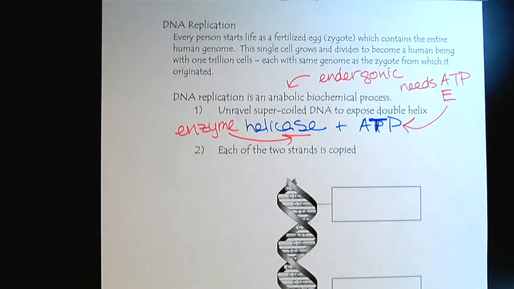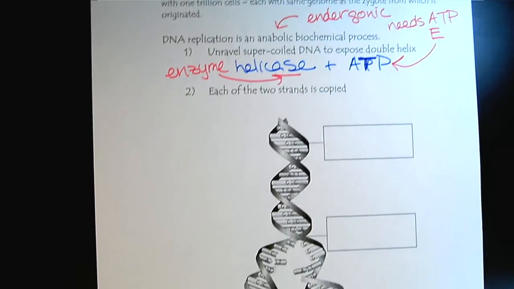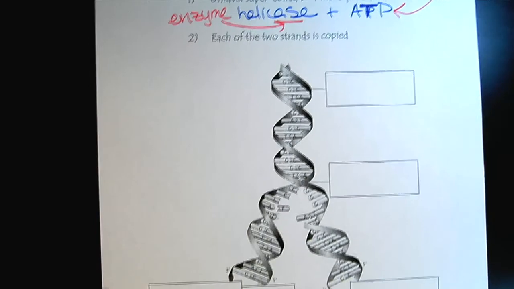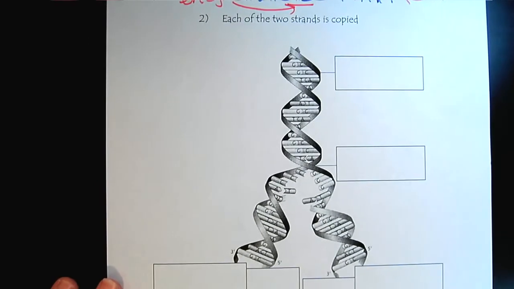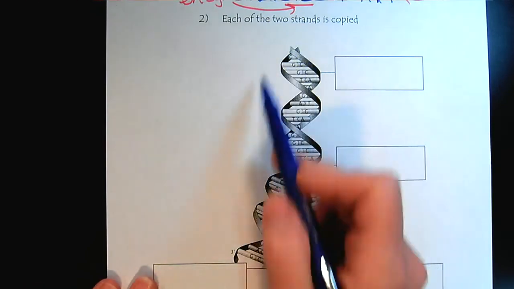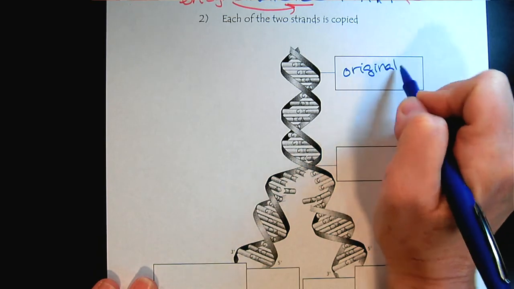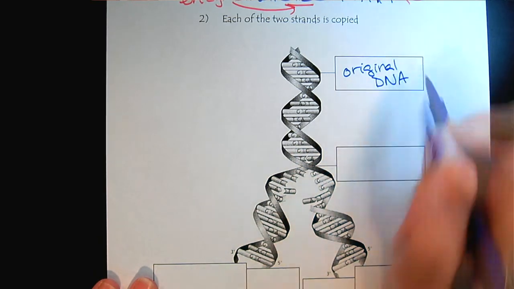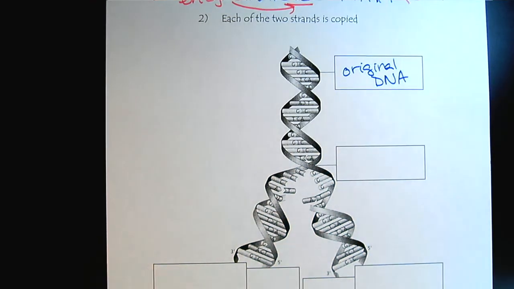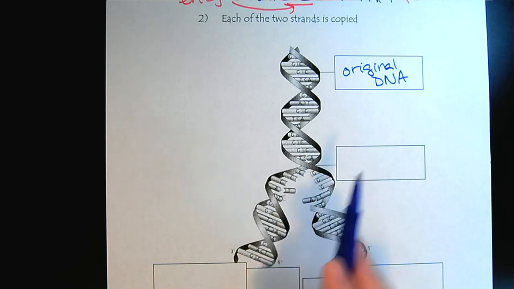Interestingly, each of the 2 strands gets copied. If we look up here, we would see this as our original strand, our original DNA. Down here, this we call the replication fork.